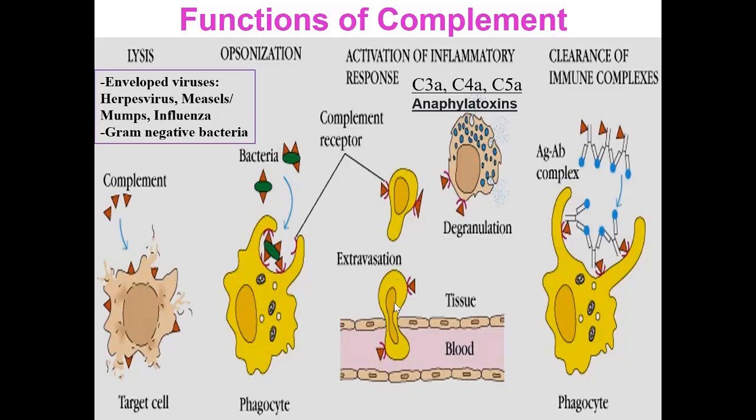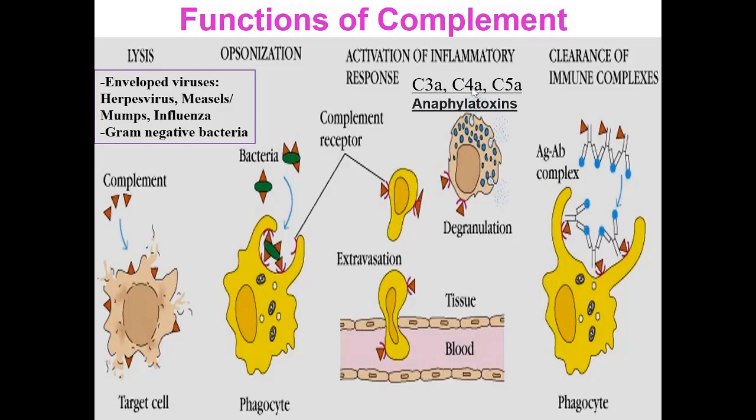Cells such as neutrophils that are involved in the inflammation have receptors on their surface, and some components such as C3a, C4a, and C5a can increase the extravasation and increase the inflammation.